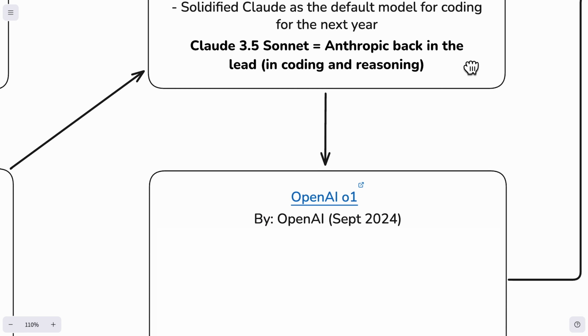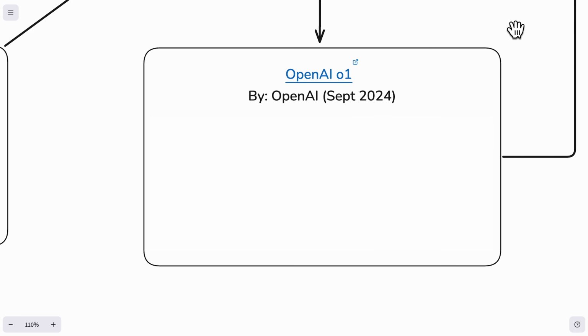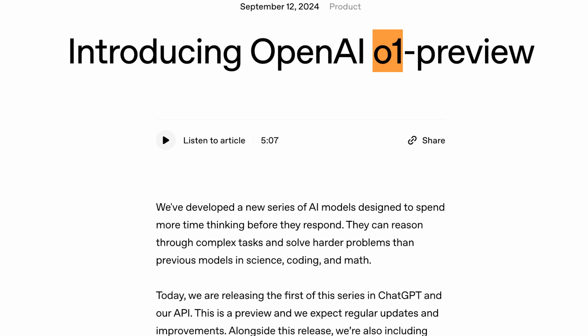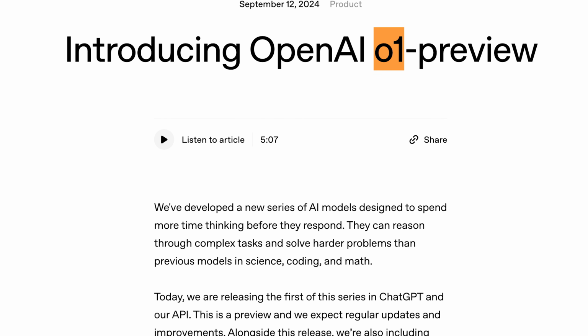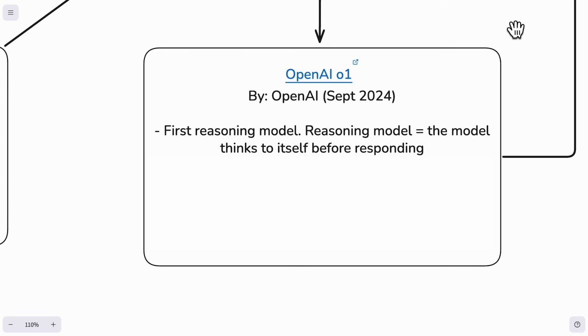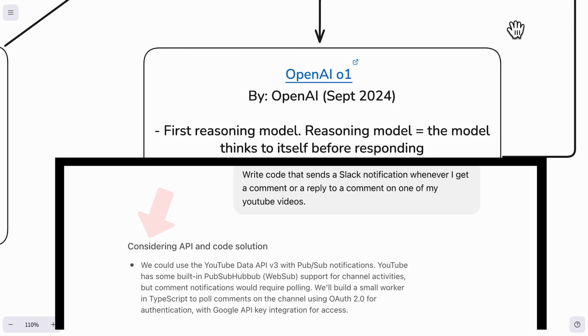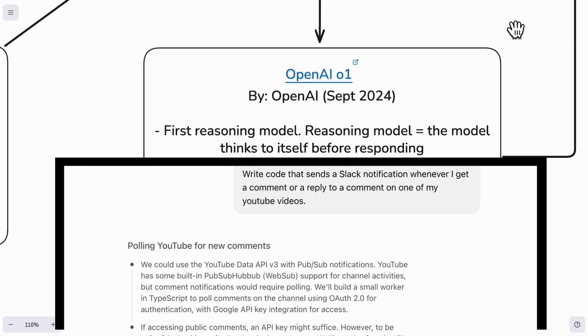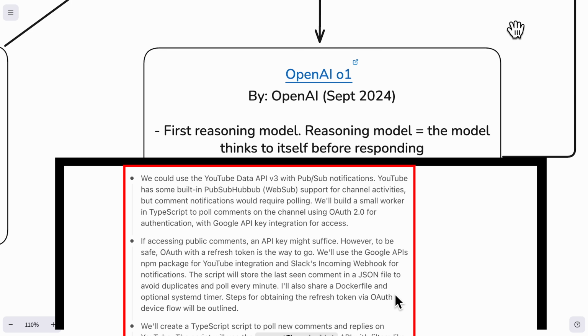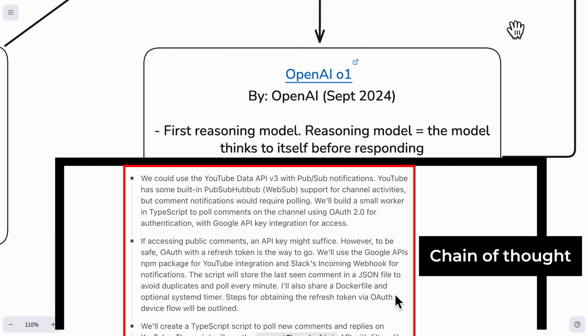A few months later, in September of 2024, OpenAI releases O1, which was the first reasoning model. A reasoning model means the model thinks for some time before responding, which helps it give more accurate answers. The model's thought process here is known as a chain of thought.